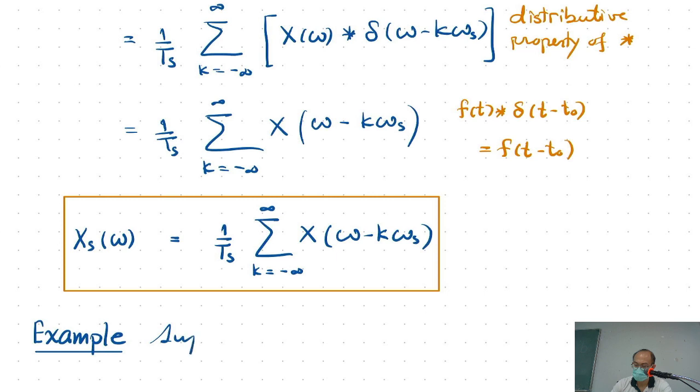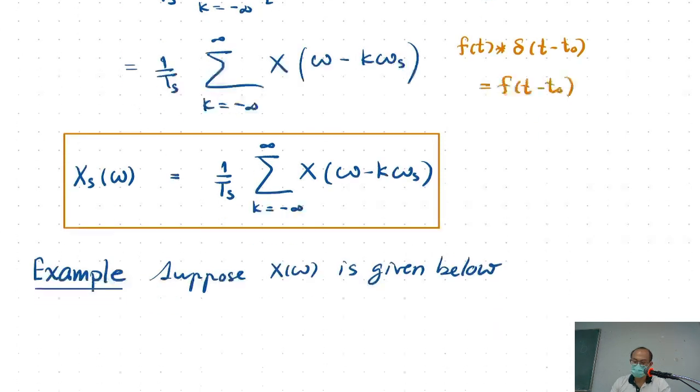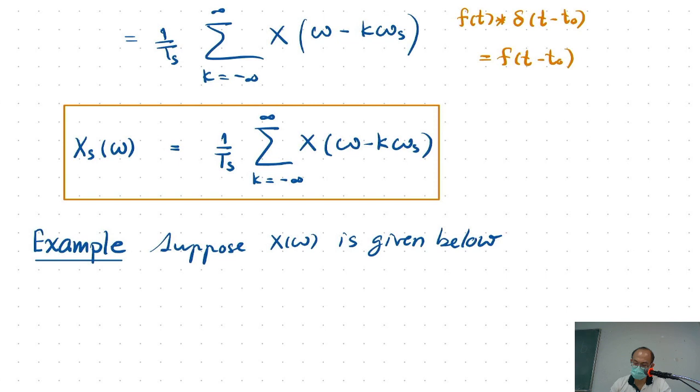Suppose we have X of omega, the spectrum of x, that looks like something.